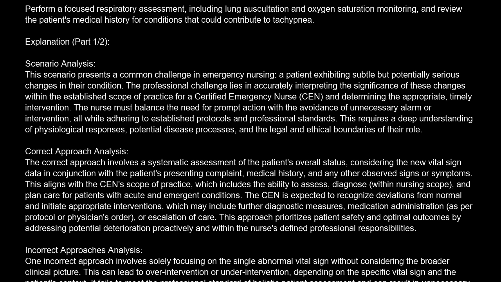The CEN is expected to recognize deviations from normal and initiate appropriate interventions, which may include further diagnostic measures, medication administration, as per protocol or physician's order, or escalation of care. This approach prioritizes patient safety and optimal outcomes by addressing potential deterioration proactively and within the nurse's defined professional responsibilities.